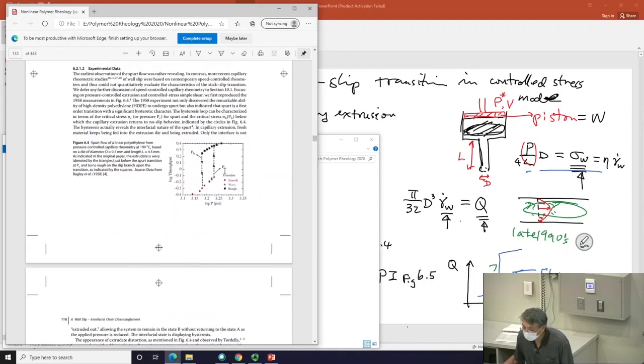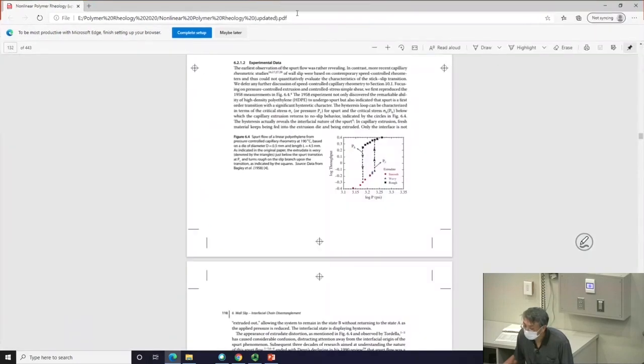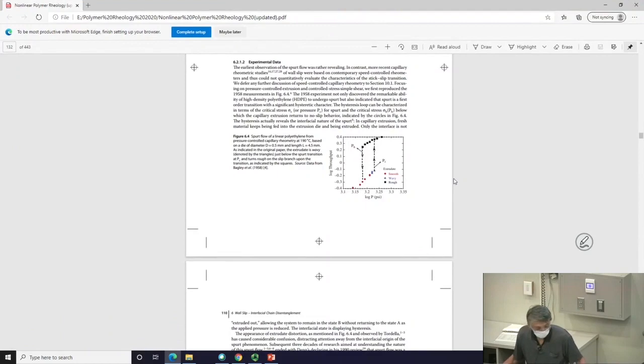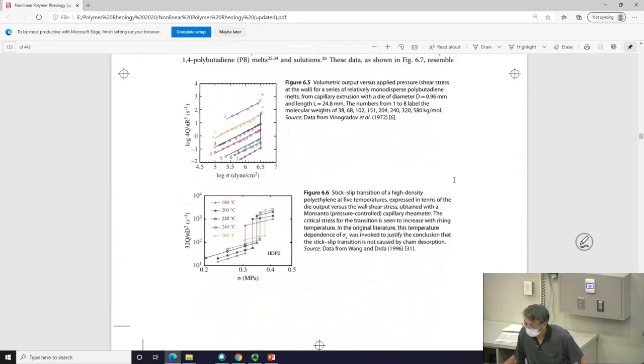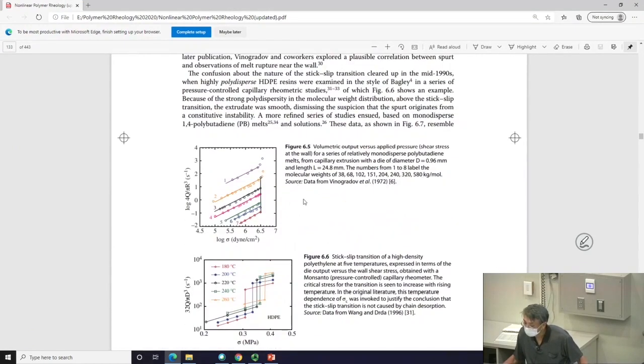So this is the first figure, Bagley. He saw his traces, and this is the figure from Russia, Vinogradov's group, showing.